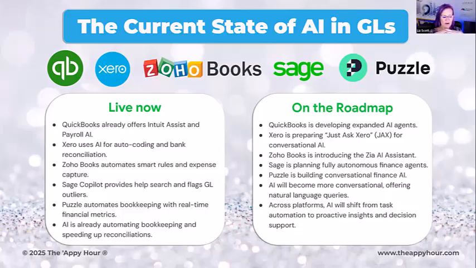QuickBooks has done quite a bit in the AI space, and we're going to talk about that. But other apps were starting to do some partnerships and they had a roadmap, but they hadn't really fully developed their AI solutions yet. So it was great to tell them this is what we're looking for as far as staying competitive. We have to have these solutions that have AI built into them.